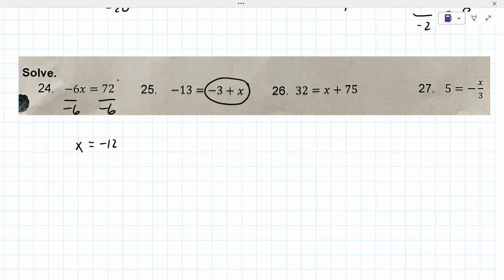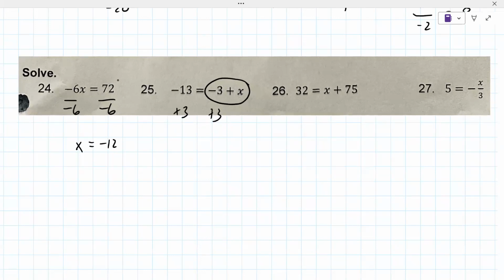Then for addition and subtraction: -6 x equals -16.